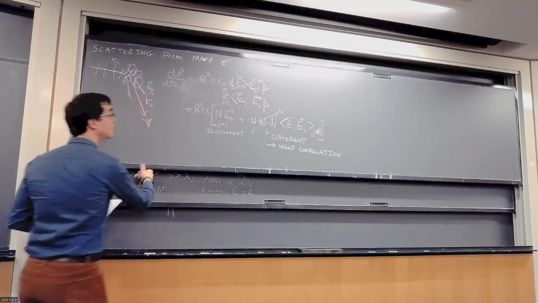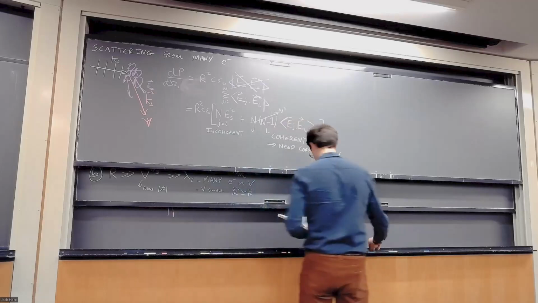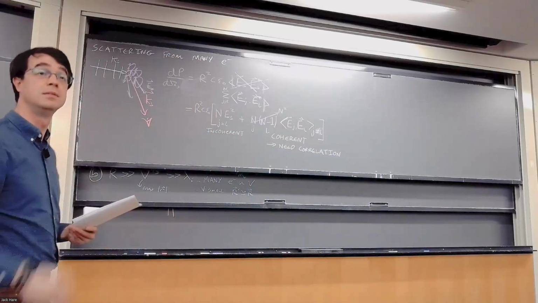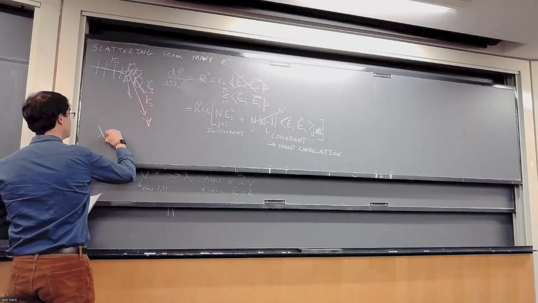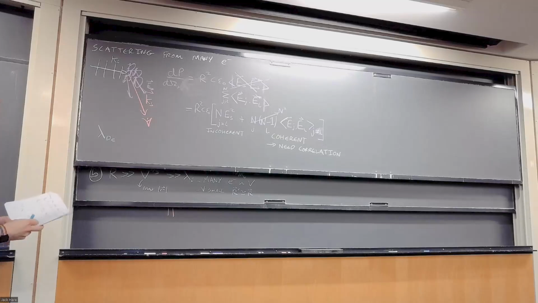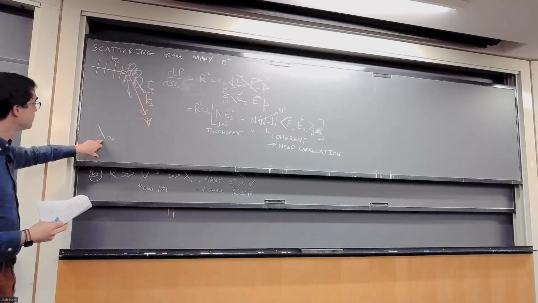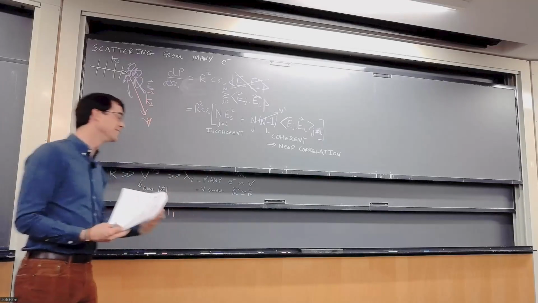Now, what's the smallest length scale in a plasma? Yeah, the Debye length, exactly. That's what makes it a plasma. So if you are probing this plasma on length scales smaller than the Debye length, you're effectively looking at something that isn't a plasma.